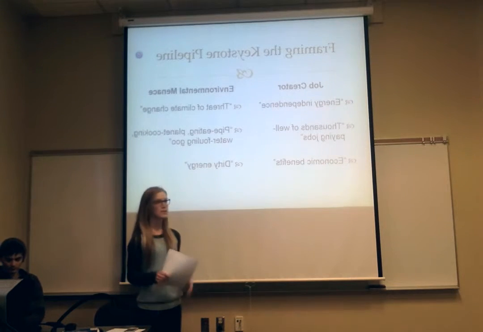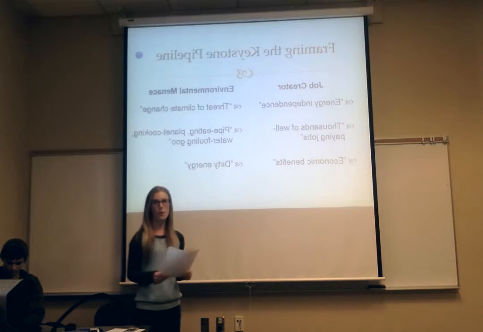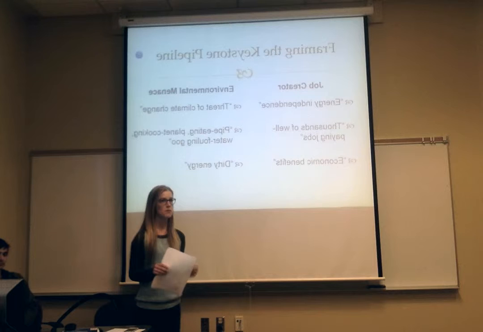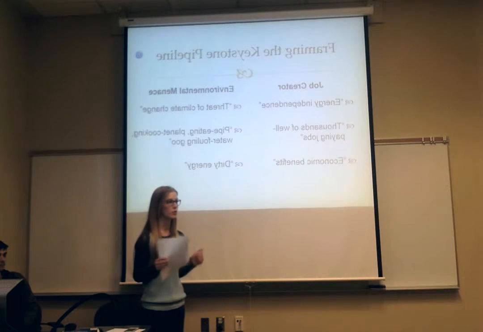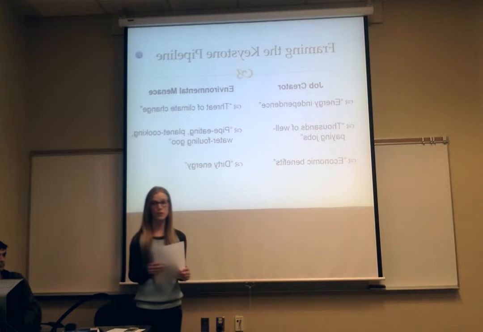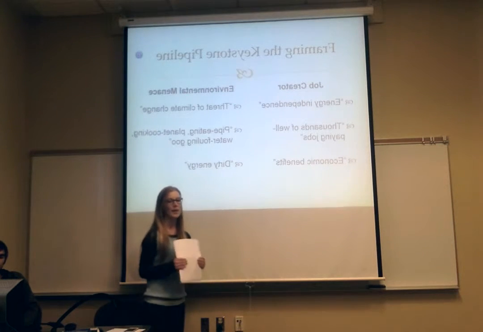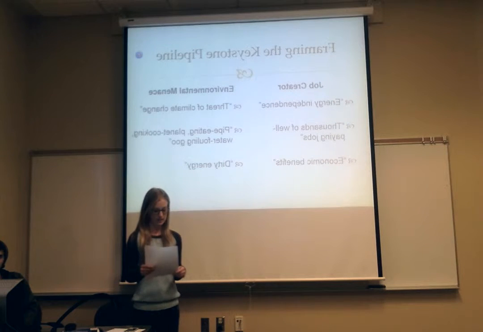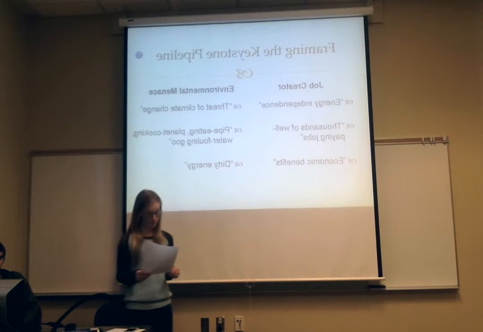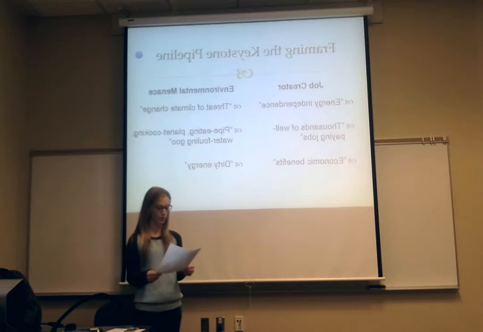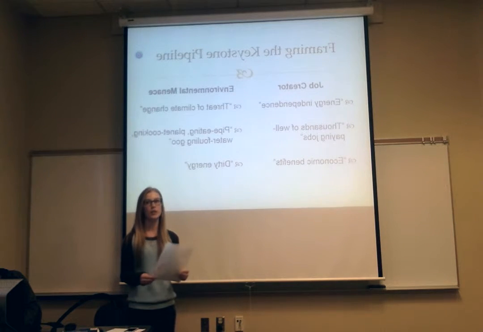They used phrases such as energy independence, well-paying jobs, and economic benefits to frame the pipeline as an economic go-to great idea. Those that were anti-Keystone Pipeline framed the pipeline as an environmental threat. They said it was a threat of climate change, a pipe-eating, planet-cooking, water-fouling goo. They also called it dirty energy.